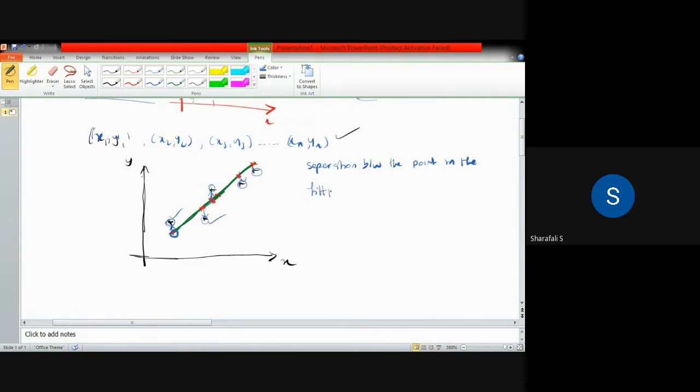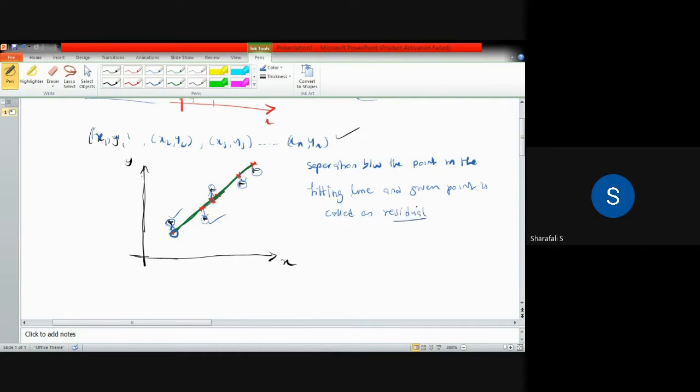Since we are considering a line here, we are considering it as a fitting line, or we can consider a fitting curve. This is called as residual.